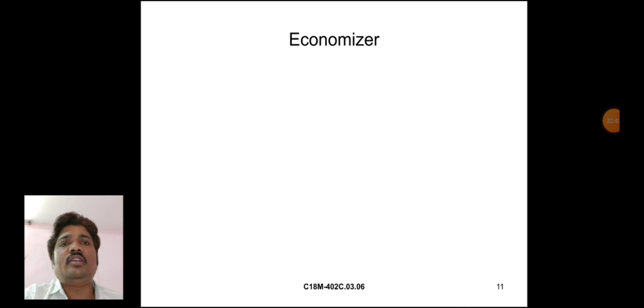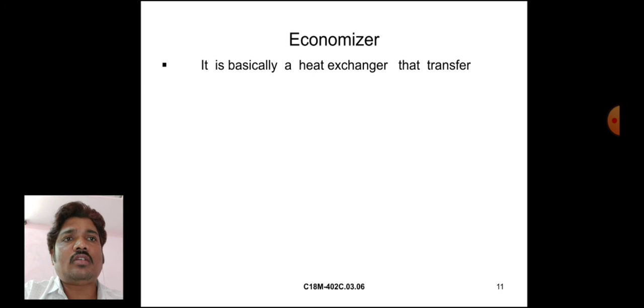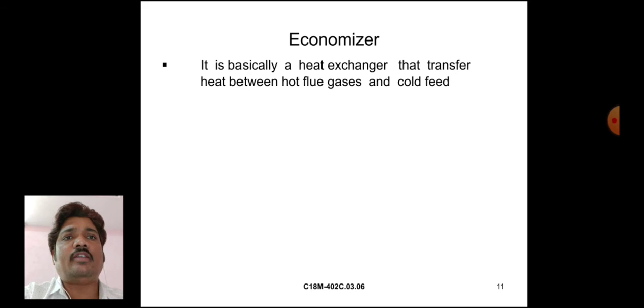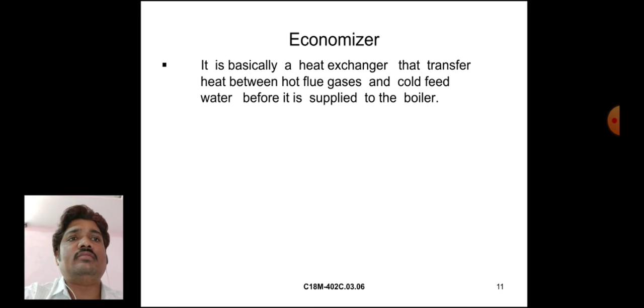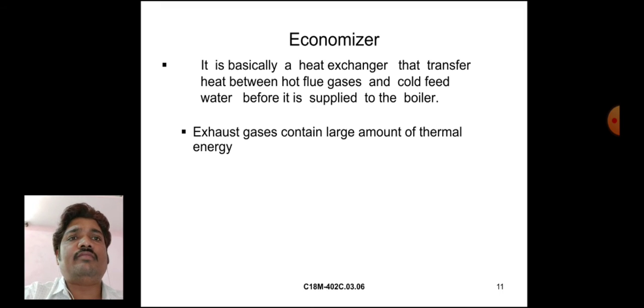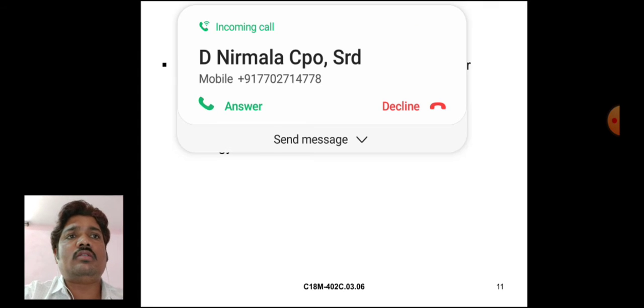Next, feed pump is completed. Next in boiler accessories, economizer. It is basically a heat exchanger that transfers heat between hot flue gases and cold feed water before it is supplied to the boiler. Exhaust gases contain large amount of thermal energy.